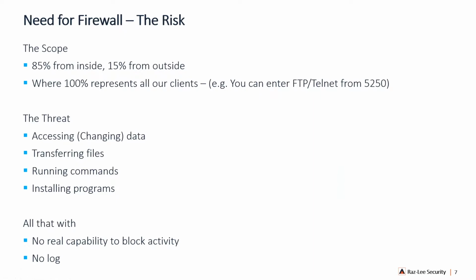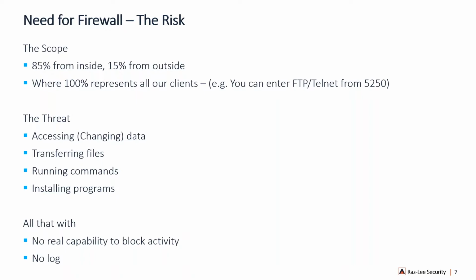So we spoke about this, the numbers. Now, what is the threat? The threat is easy to understand, because if anyone can now come up and change the data using ODBC, people can transfer or take files into and out of the IBM i.